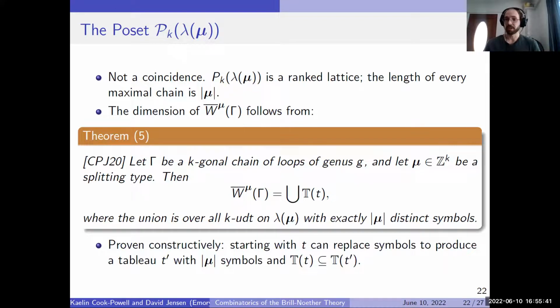We're going to start with a k-uniform displacement tableau on this weird partition, and we're going to replace symbols until we have one with the smallest number of symbols. But we need to rework what we did before. Deleting rows and columns and statistics don't work quite as well in this setting as they did in the previous setting.